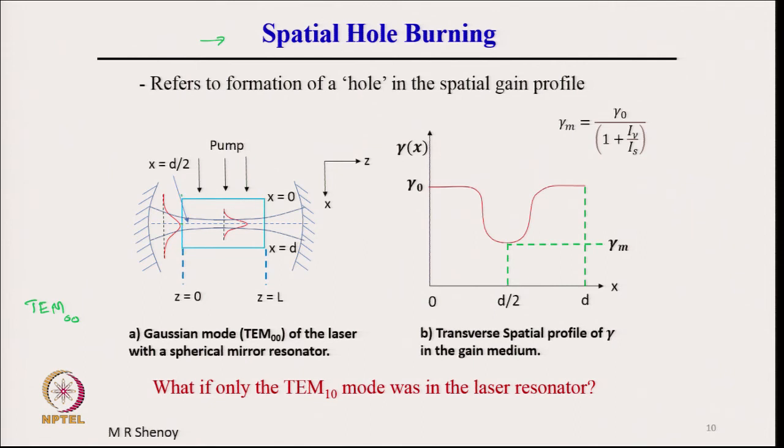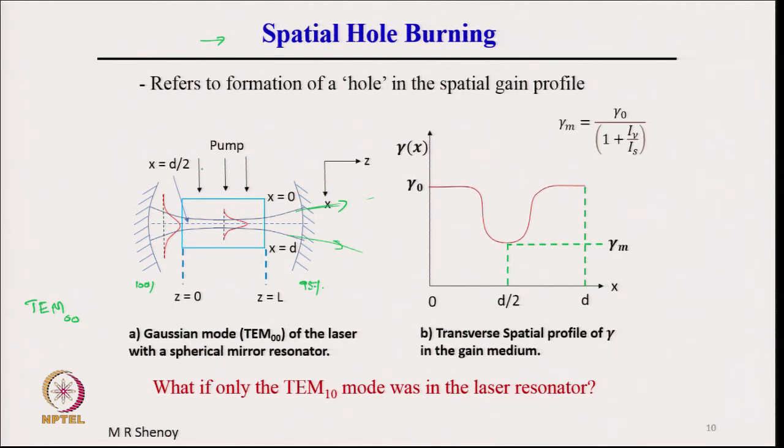The blue box is a gain medium, for example, an Nd:YAG rod, and the Gaussian beam is building up here and it reaches a steady state. At steady state, if this is 100% reflecting and this is partially reflecting, let us say 95%, then a fraction of light would come out here as the output.